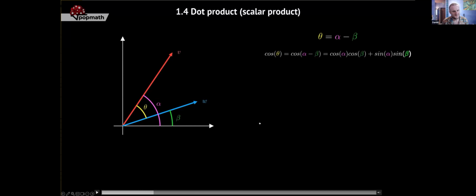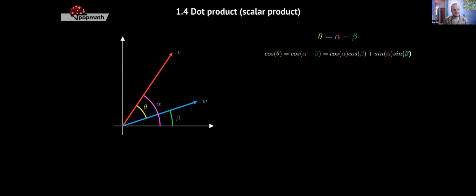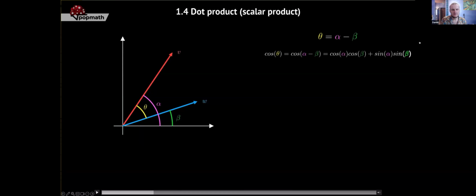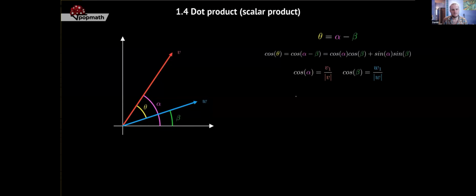As we remember, hopefully from school, there is a cool trig identity which we can use, replacing theta by this difference, right? We expand, and what do we get? We have to multiply the cosines plus multiply the sines of alpha and beta. So given that all that stuff has coordinates, how do we define what is a cosine?